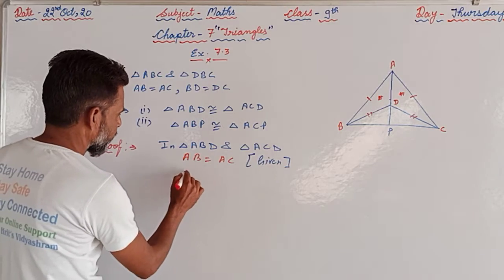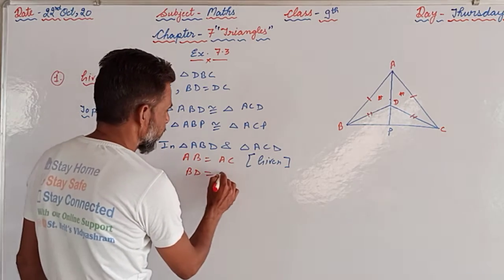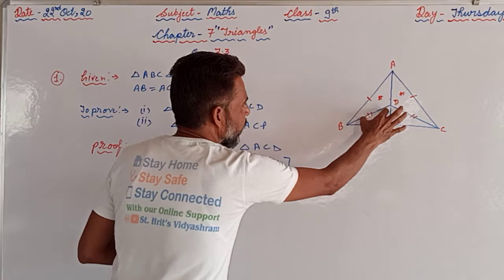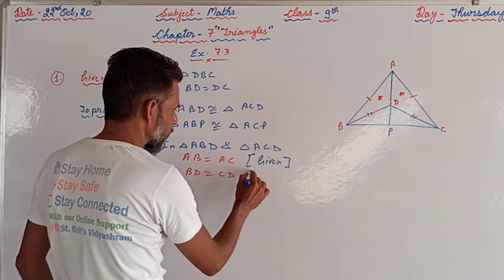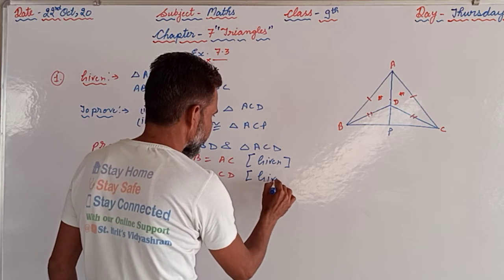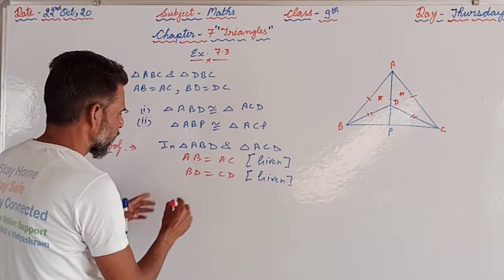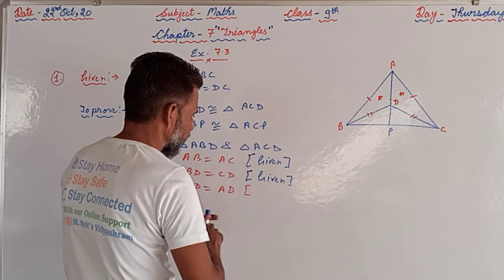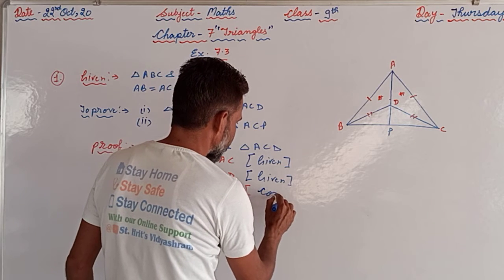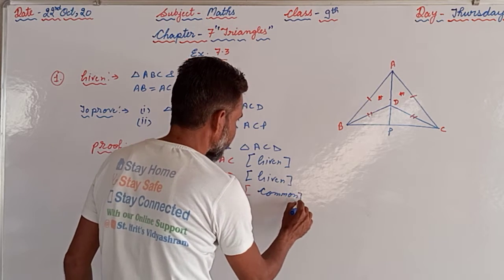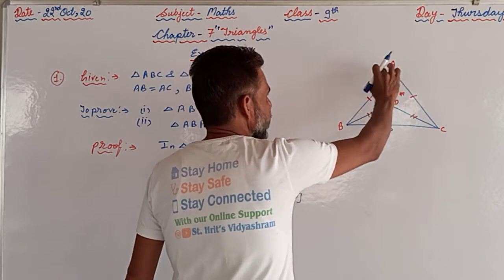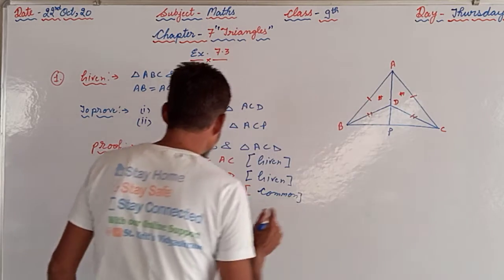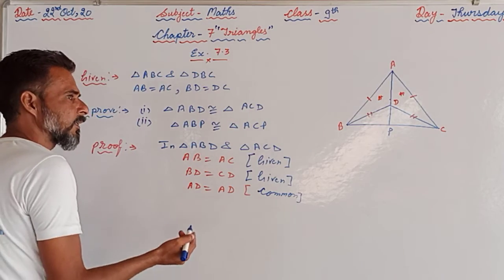Then BD is equal to CD, because that is also isosceles, that is also given. And the third thing, AD is equal to AD, that is common in both the triangles, because the AD side is in this triangle as well as in this triangle.